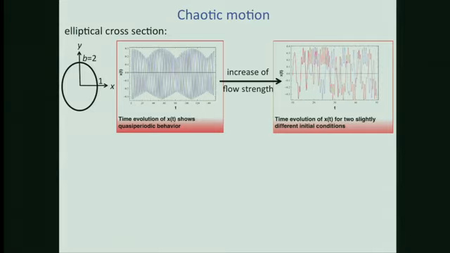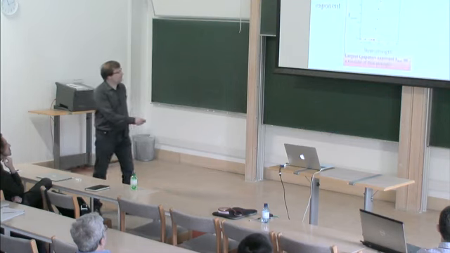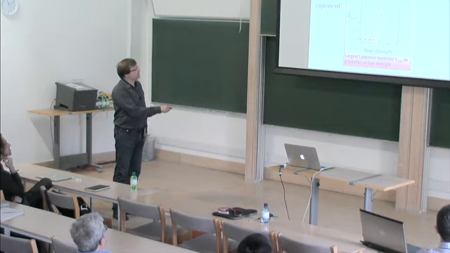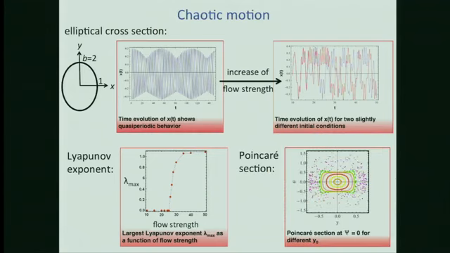But when you increase the flow strength a little bit, then you see this typical signature of chaotic motion. Two trajectories which start nearby just diverge. You can calculate the Lyapunov exponent, and you see there is an onset of chaotic motion, which you also see in the Poincaré section of our four-dimensional phase space.